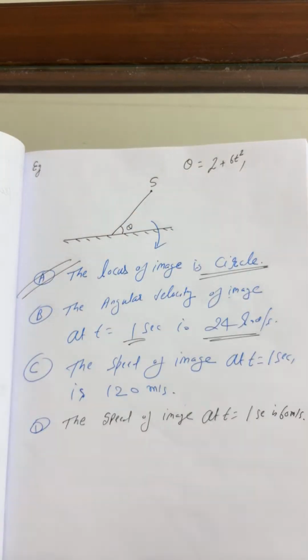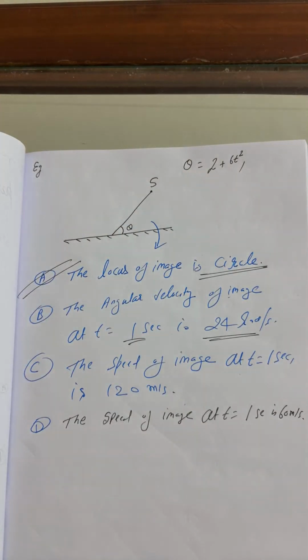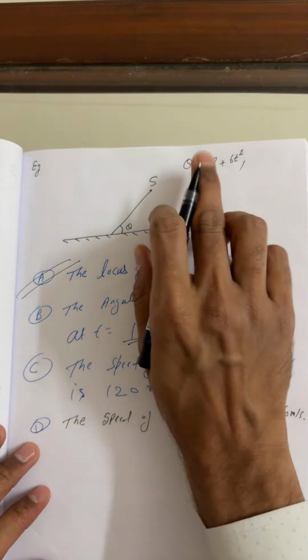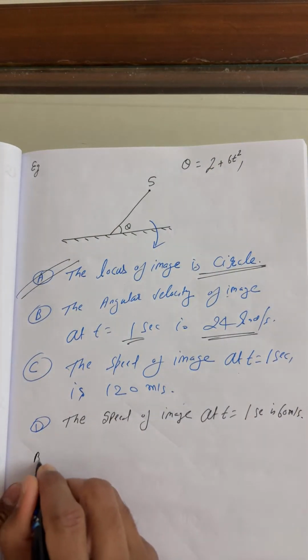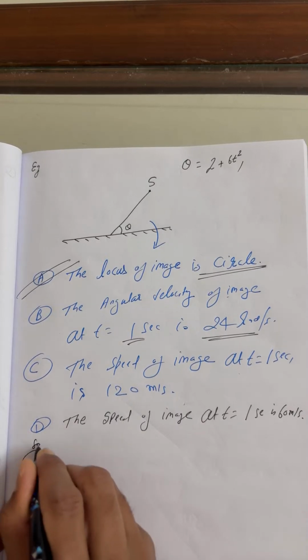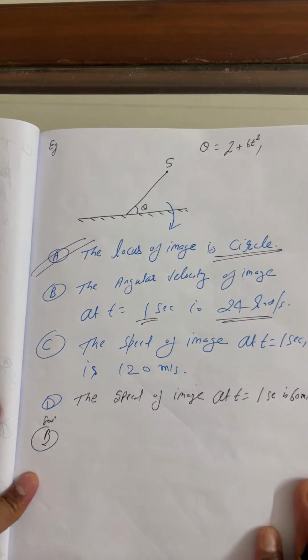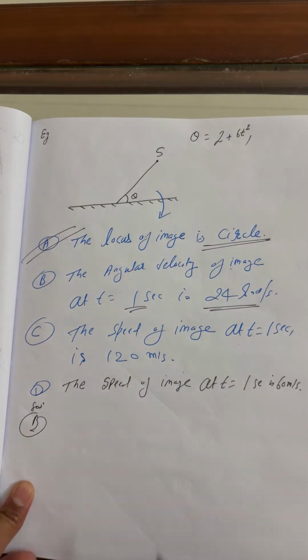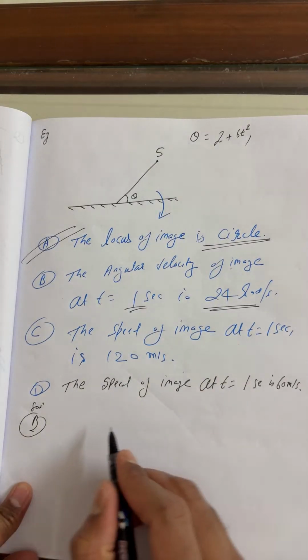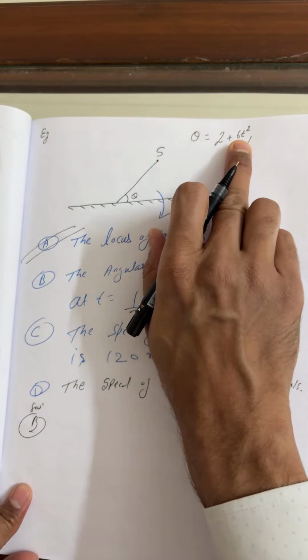Simple, we can find d theta by dt, omega. Just remember, first we have to differentiate. Now I'm going to solve option number second. Listen carefully, class. First I'll differentiate, then we get omega.